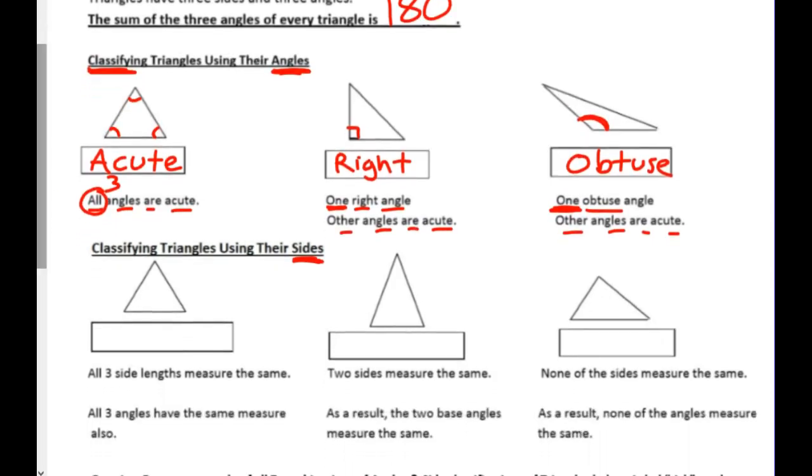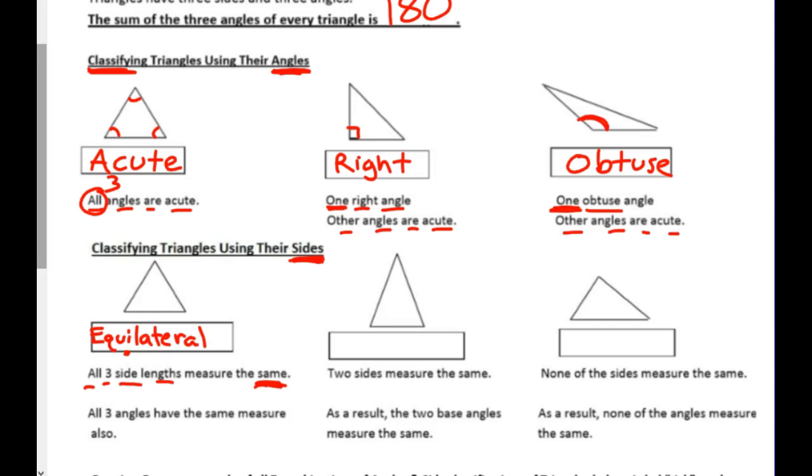And now let's try to classify by their sides. So the sides, what do I call it when all 3 side lengths are the same? Okay, so when I think of same, I'm going to think of the word equal, and this is called equilateral. Equilateral. This is different than spelling the word equal, because there's an I right here, not an A. It's equilateral.